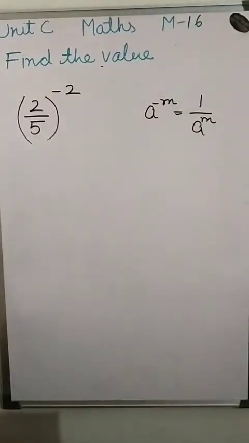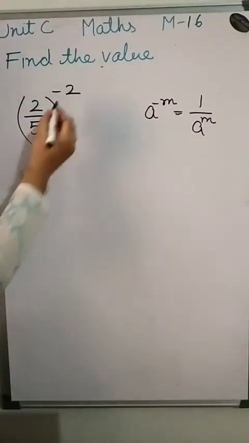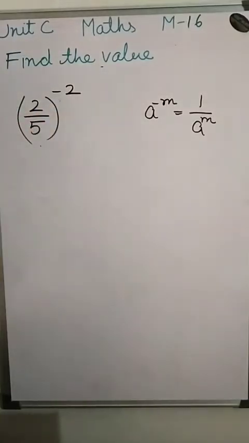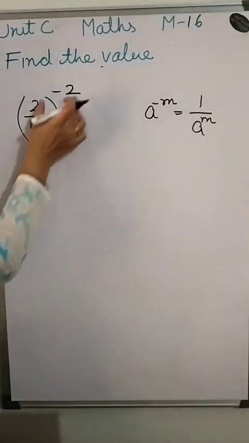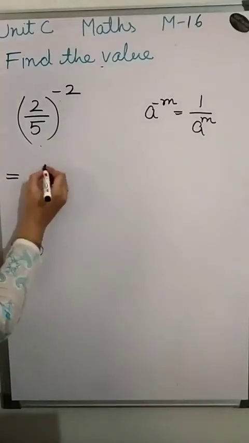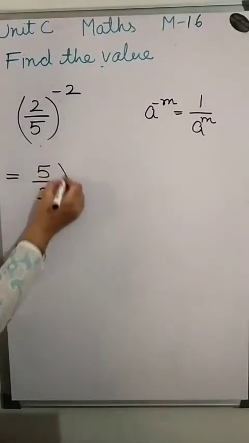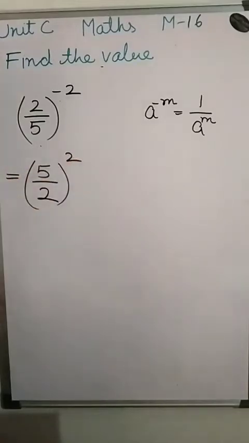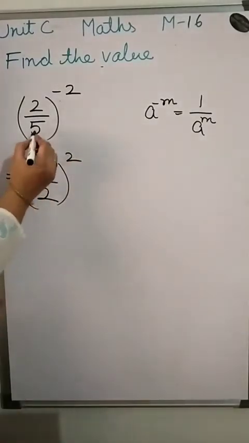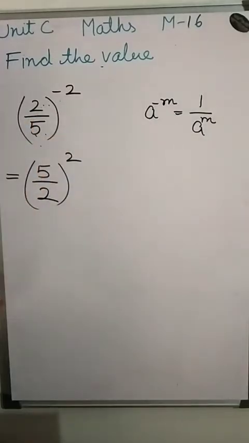Here the question is 2 upon 5 whole to the power minus 2. Again the power is negative. So this time again we convert a number into a positive power. So what we do? We reciprocal a number and convert its power to a positive number. 5 goes in the numerator and 2 comes in the denominator.